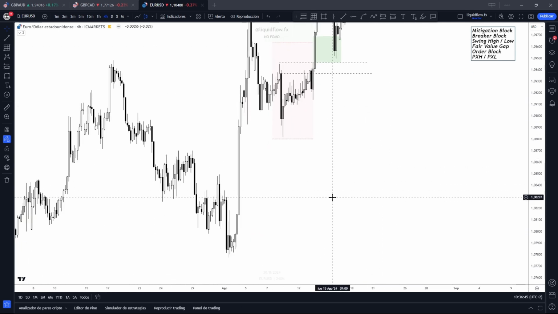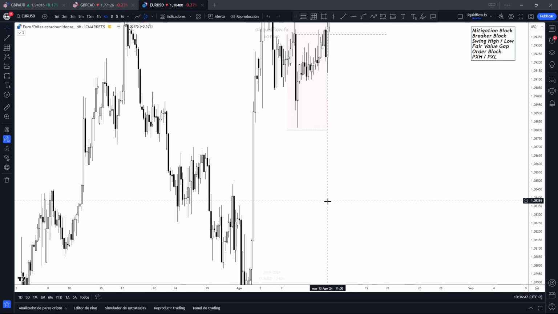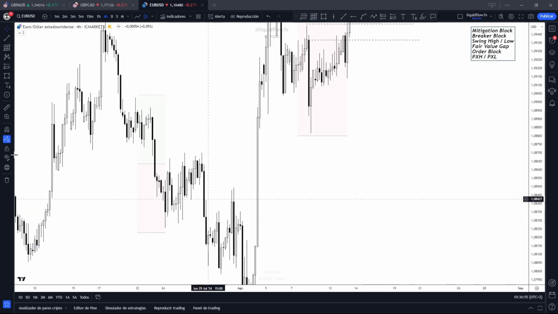Let's go over another example. Okay, let's use this one from here. We have those. We have this area from here. And then what we can find here is our mitigation block. Yep. And we can find what?